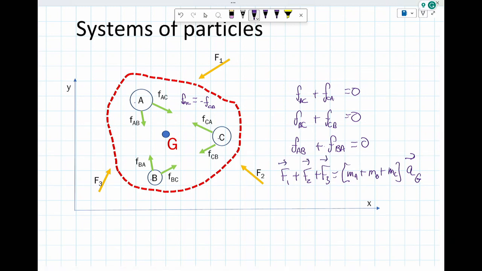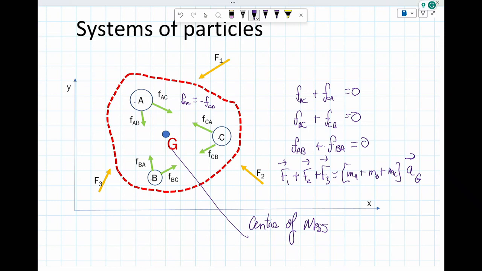So if I add all of these external forces together, I have some magical term called G, and G is the center of mass. If you have a center of mass, that's what you track. Individual particles can displace and do all sorts of things around the center of mass, but the system will have an acceleration in one direction.